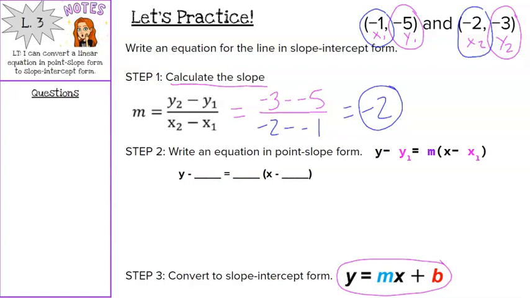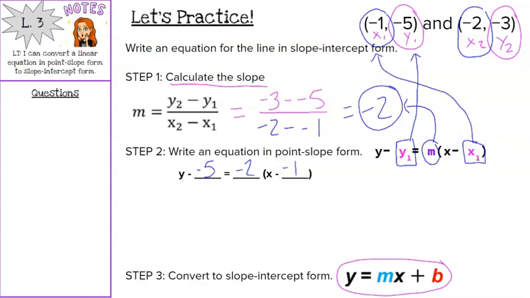So we need y minus y1, so that is negative 5, equals m, which was negative 2, times the quantity x minus x1, which was negative 1.